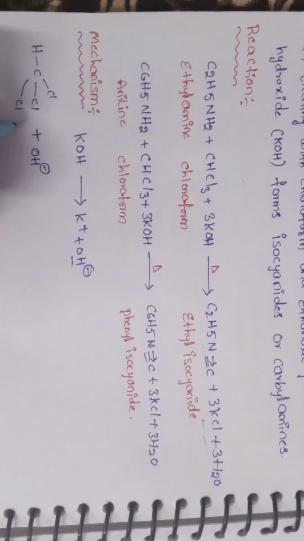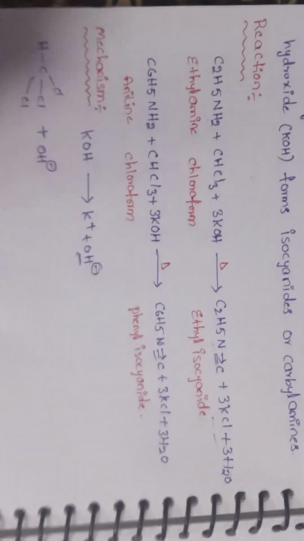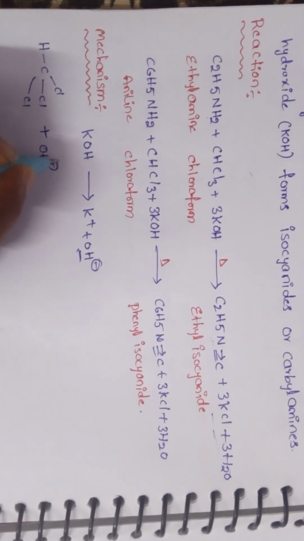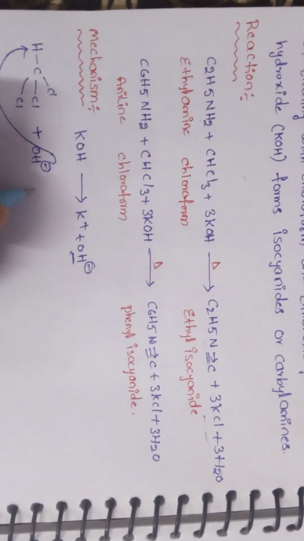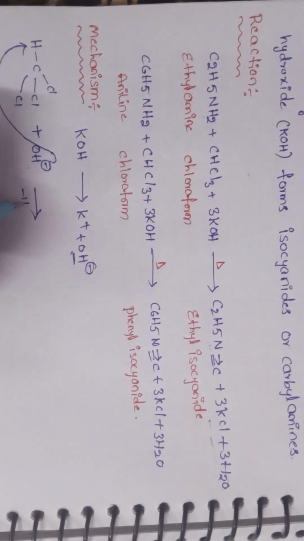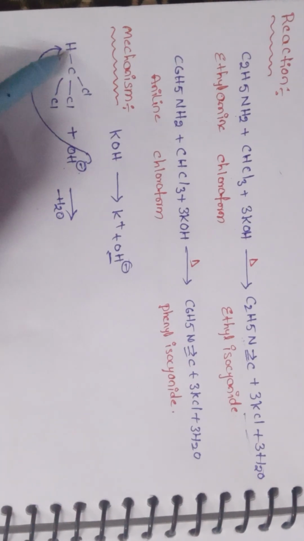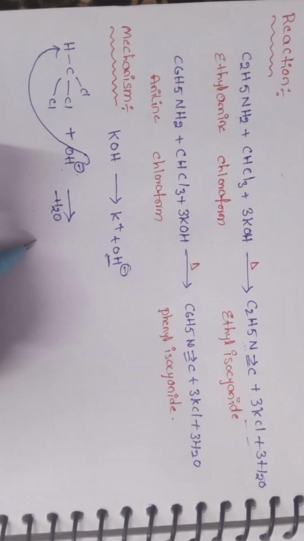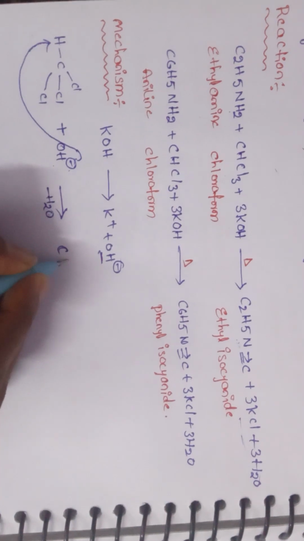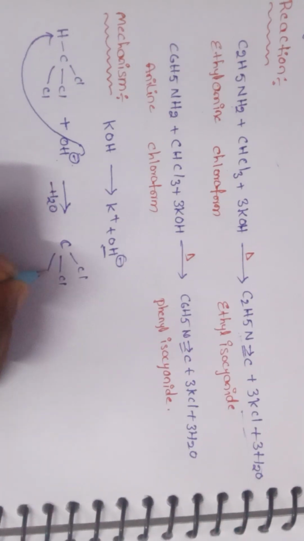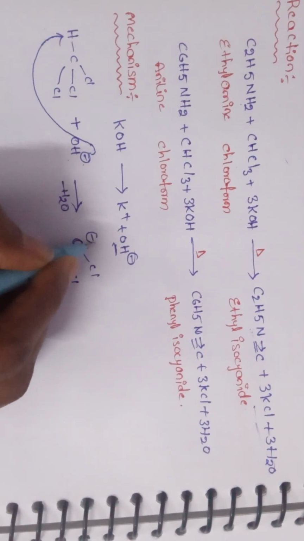This OH minus and this hydrogen are removed as a water molecule, minus H2O. The product has carbon, chlorine, chlorine, chlorine, with H removed. So the carbon gets a negative charge.